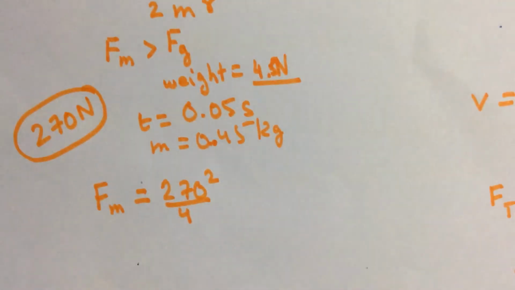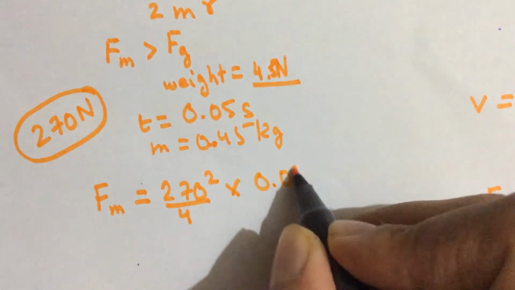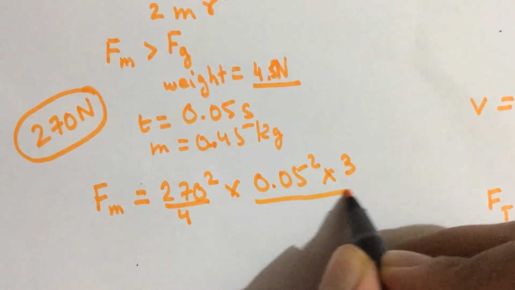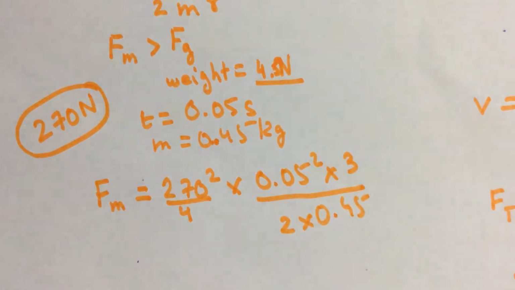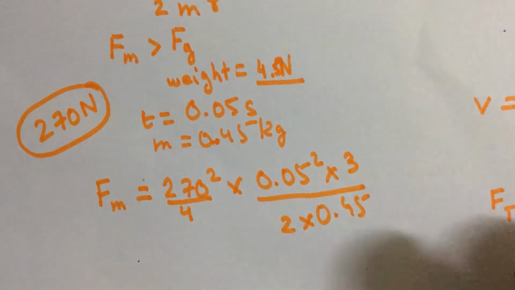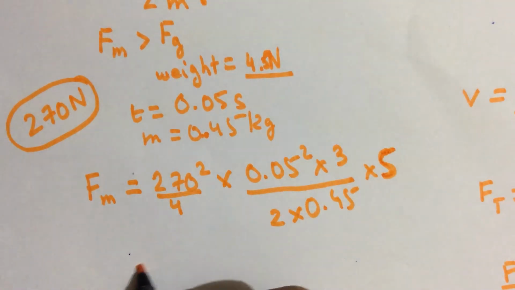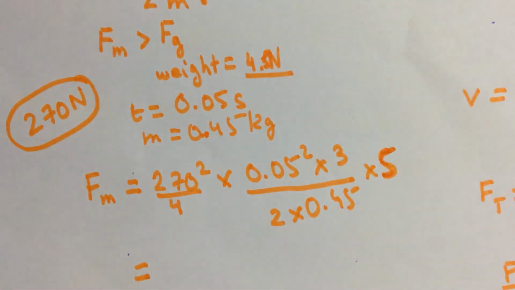This is equal to into 0.05 square into 3 upon 2, 0.45, into s. Now just wait a minute, I'll put this entire thing into my calculator.